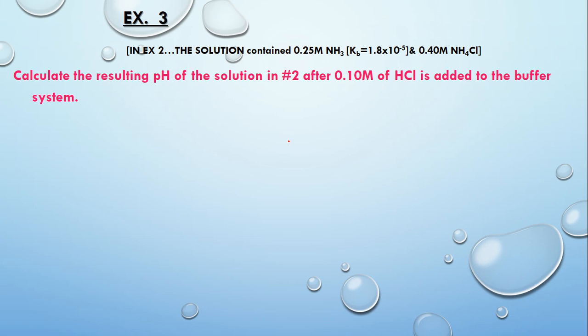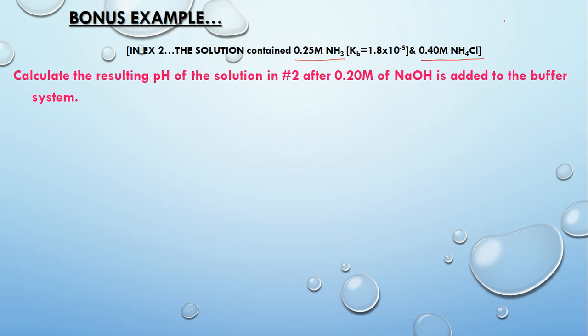So let's look at example 3 in your notes. The last example that we did, example 2 in class, the buffer system contained 0.25 molar ammonia and 0.40 molar ammonium chloride. That was the very last example that we did in class the last time we met, so we're going to pick up with that.